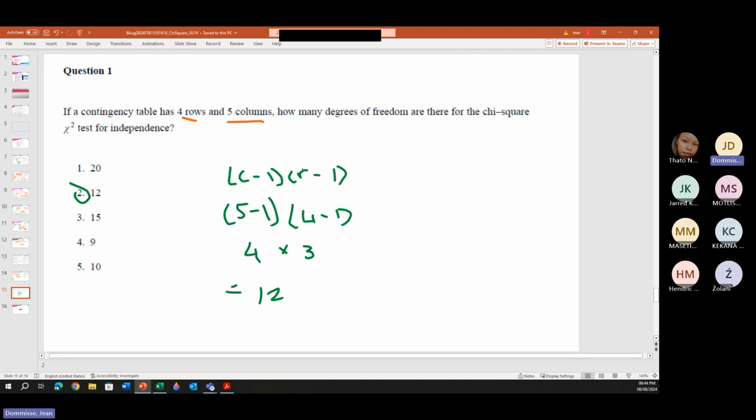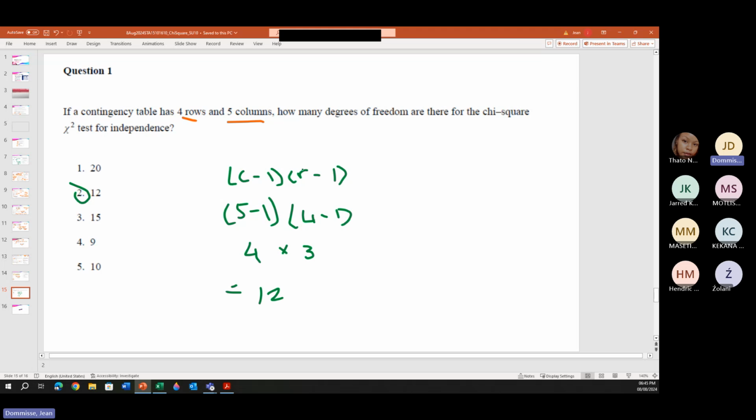Okay, so a big link between this and study unit 4, where we used probability to see if two variables were independent from one another. Here we use the chi-square test to see if two variables are independent from one another.